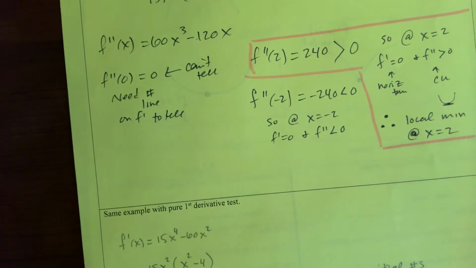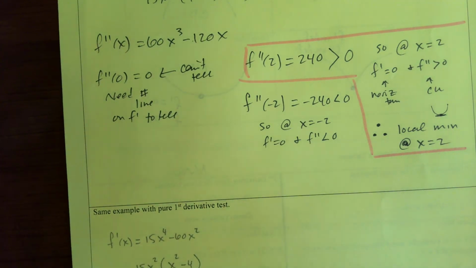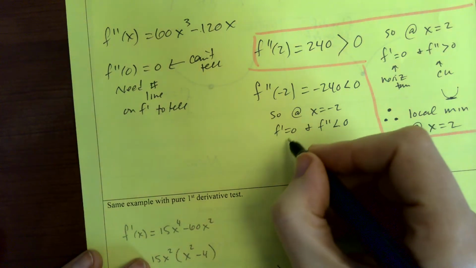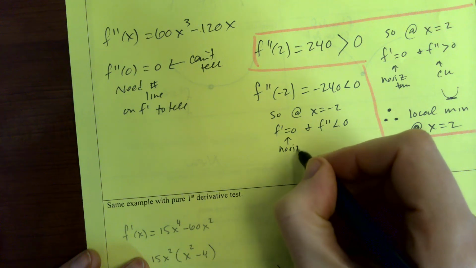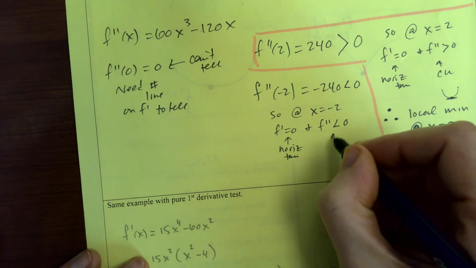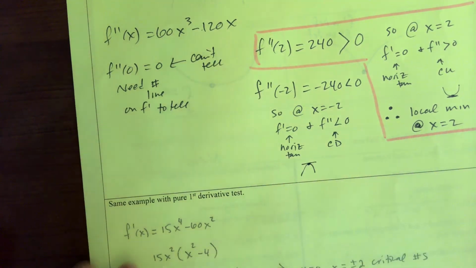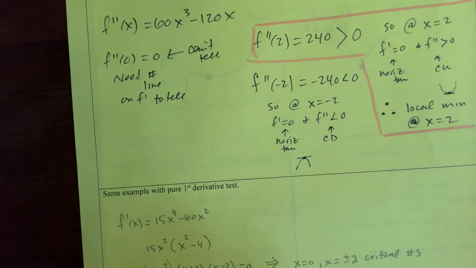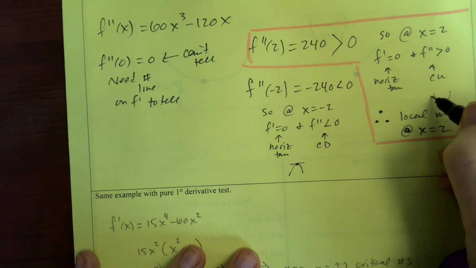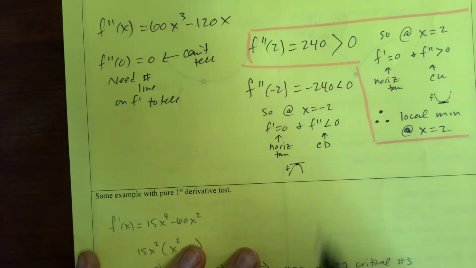And you don't have to say all of this. It's not asking for an explanation. But I'm doing the explanation for our notes though. So we've got a horizontal tangent, and then this is telling us concave down. So it's going to look something like that, f will look something like that and that.